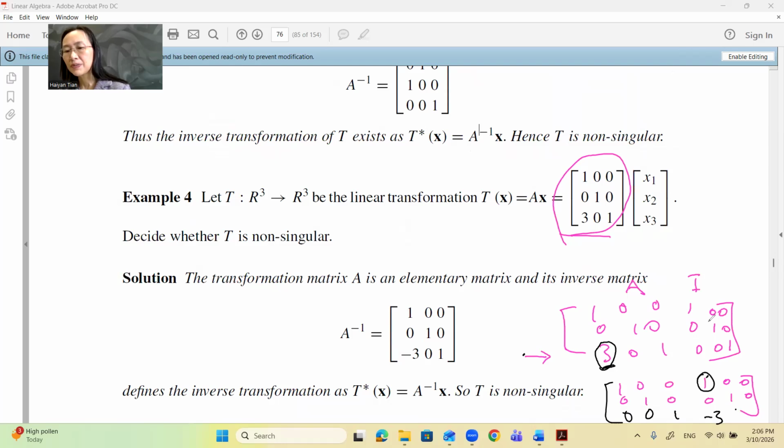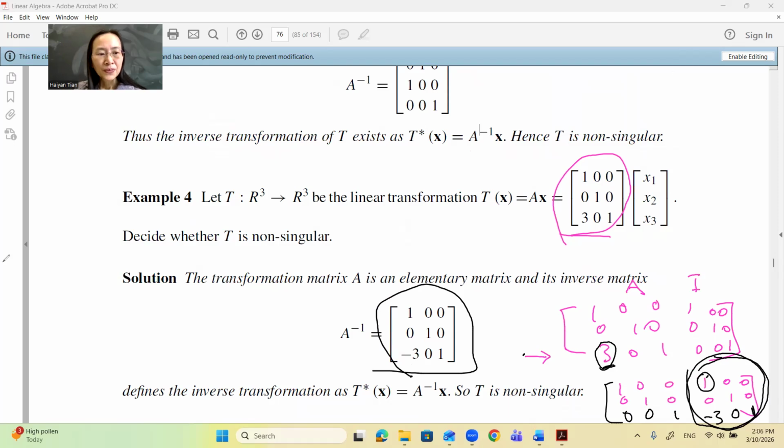Everything else will not change, because multiples of 0 added here are still 0, and added to 1 is still 1. So then we discovered this as the inverse. That's the matrix inverse found. So just one step, we can already find the inverse of the given elementary matrix, this one.